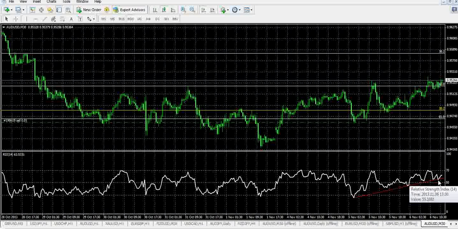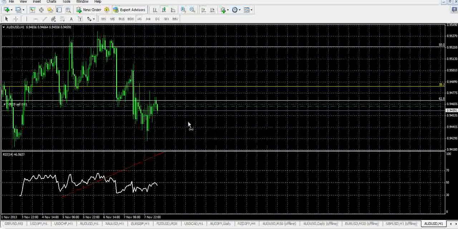So if we see the Aussie dollar break this trend line, I'm sure we can see a very strong bearish trend. But I must admit, because this is the 30-minute time frame, my target will be around 25 pips. But let me go to the 1 hour chart.